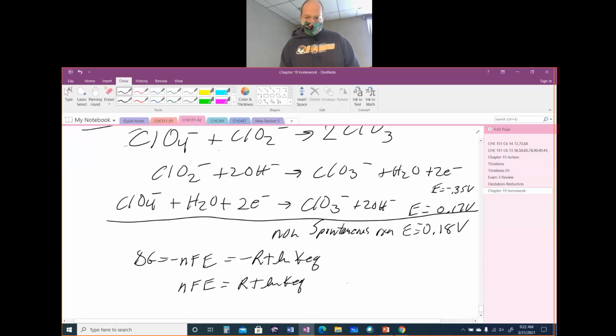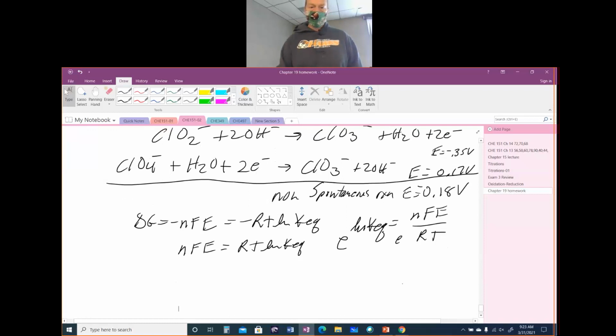Then we divide both sides by RT, and so we have ln of KEQ is equal to nFE over RT. And then we would push our e to the x button to get our KEQ.